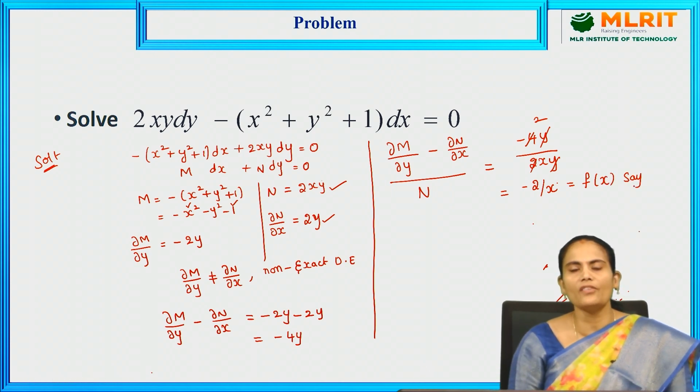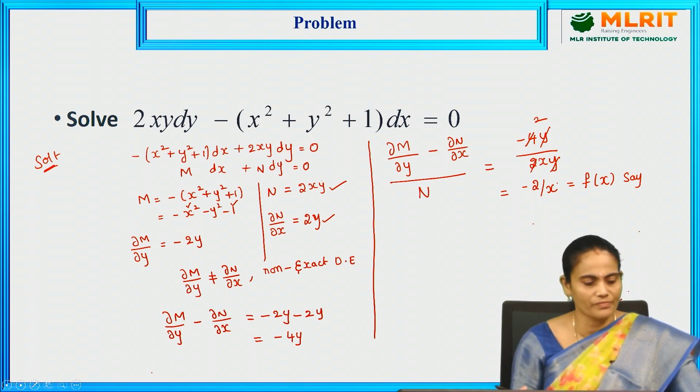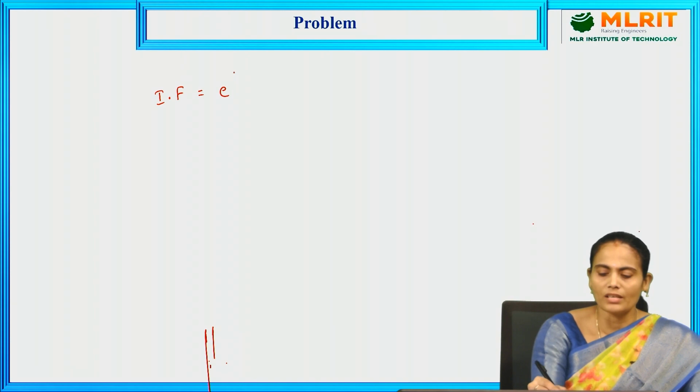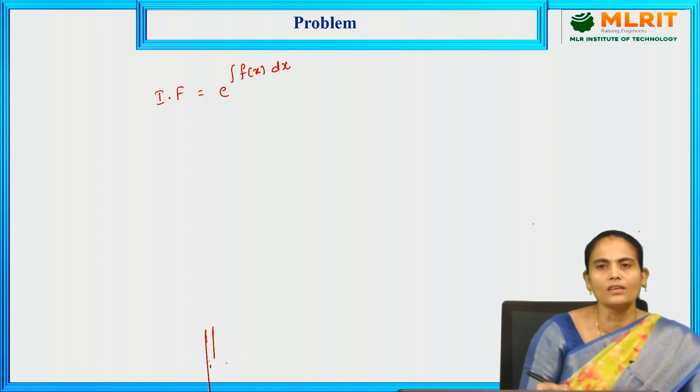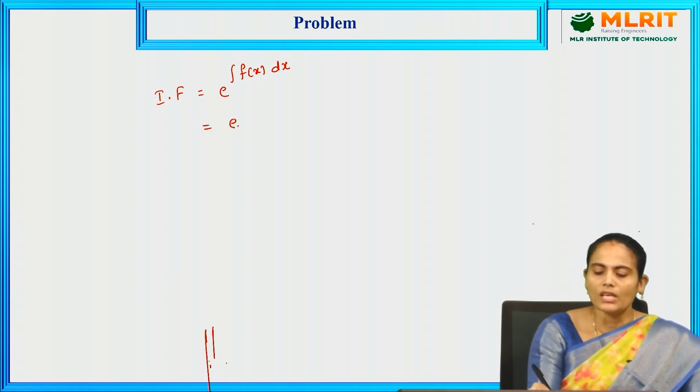And now we have to find the integrating factor. So what is the formula? The integrating factor is e to the power integral of f of x dx, which is the formula for finding an integrating factor for (∂M/∂y minus ∂N/∂x) divided by N. So e to the power integral, what is f of x we got?